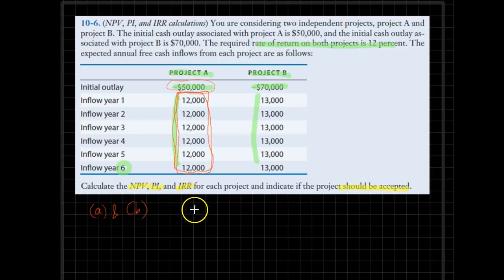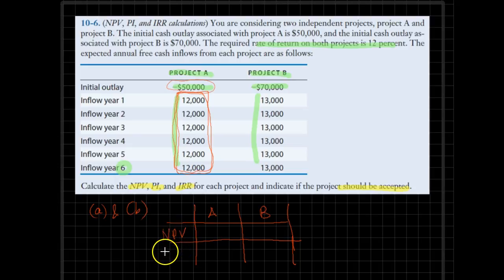What I will do for that is create a table where the first column represents project A, the second one is project B, the first line represents the net present value, and the second line represents the IRR for projects A and B as well.